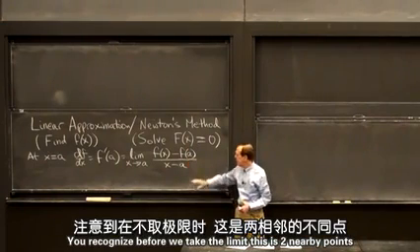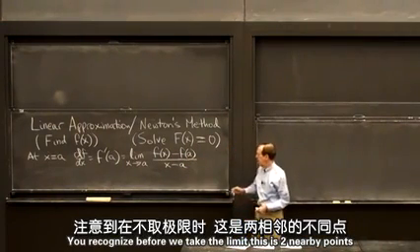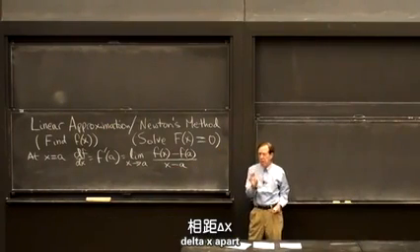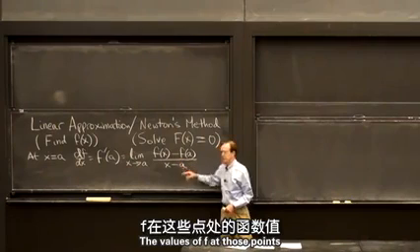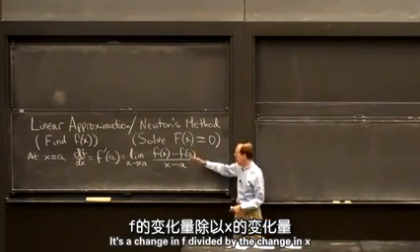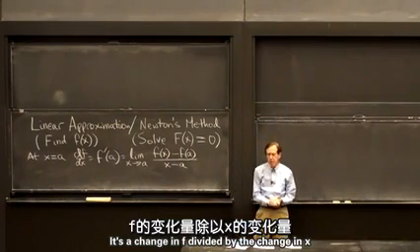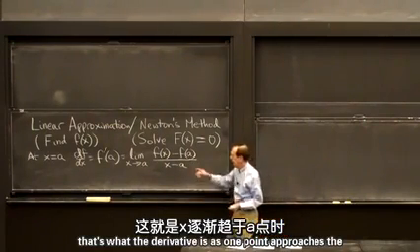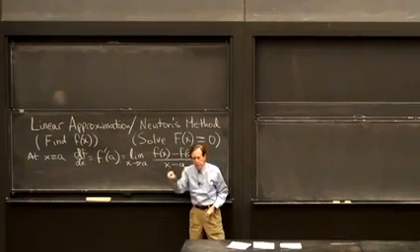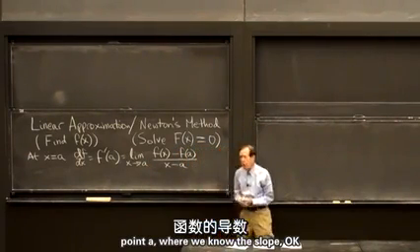You recognize that before we take the limit, this is two nearby points, delta x apart. Their values, the values of f at those points. It's the change in f divided by the change in x. That's what the derivative is as one point approaches the point a where we know the slope.